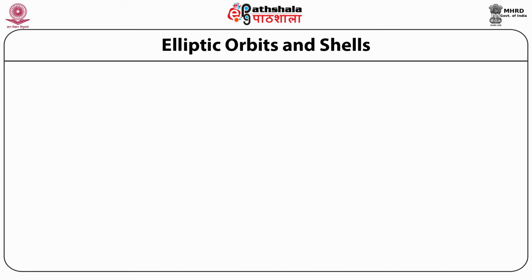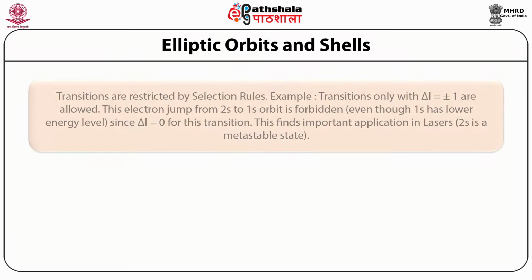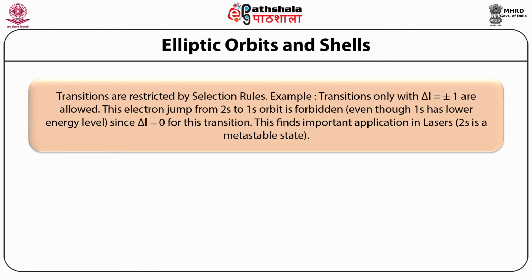One thing which is important to remember is that the transitions are restricted by certain selection rules. For example, one of the selection rules is delta L equal to plus minus 1. These are the only transitions which are allowed. Any transition for which delta L is different from plus minus 1 is not allowed. For example, the electron cannot jump from the 2s orbit to the 1s orbit.